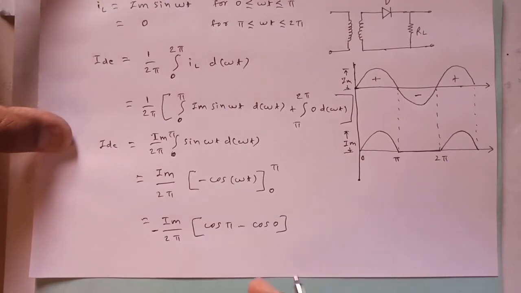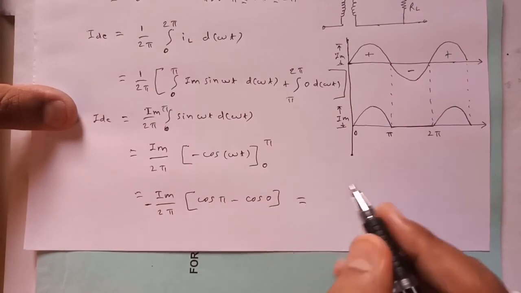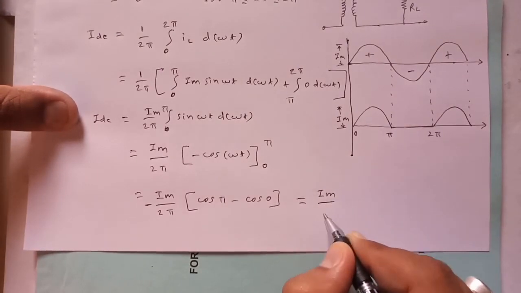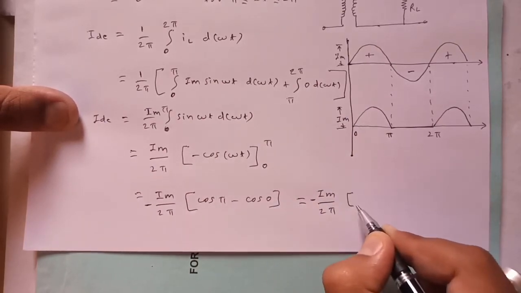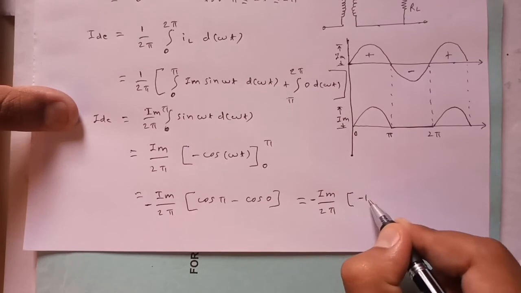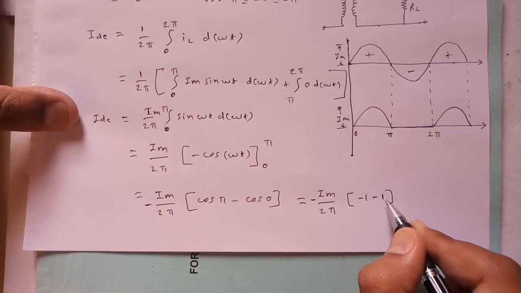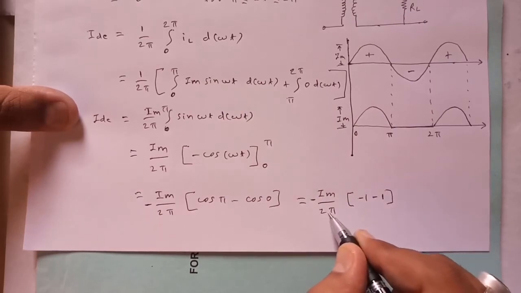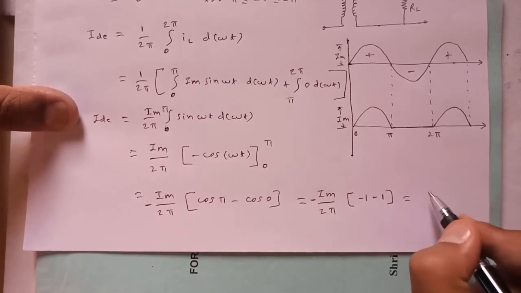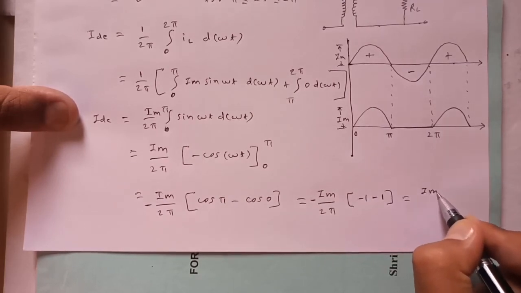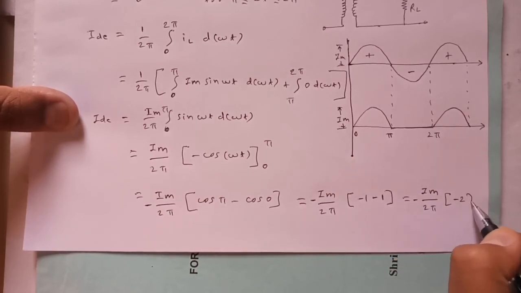Now we have to put the values of cos pi and cos 0. So this is Im divided by 2 pi, the minus sign as it is. What is the value of cos pi? It is minus 1. And what is the value of cos 0? It is 1. So minus 1 minus 1 becomes minus 2, and that 2 will get cancelled. So lastly I am remaining with Im by 2 pi, with a minus sign, and in bracket minus 2.